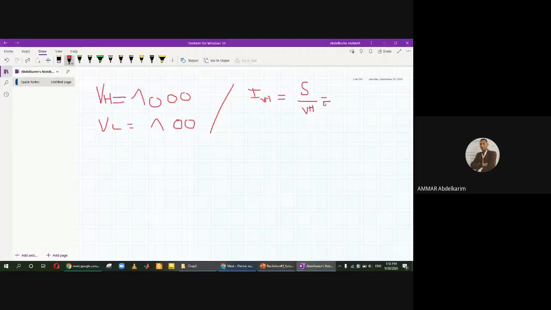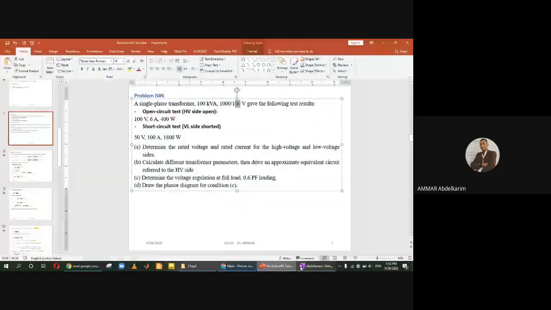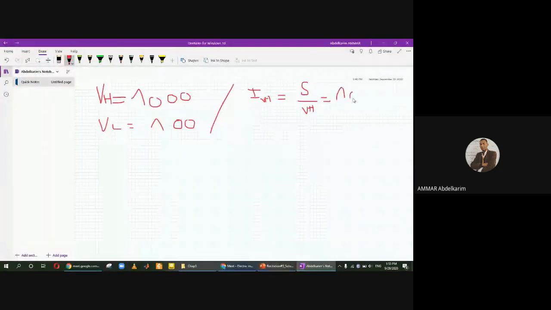S is 100 kVA, so it's 100,000 over 1000, which equals 100. So this is the current of the high voltage side.